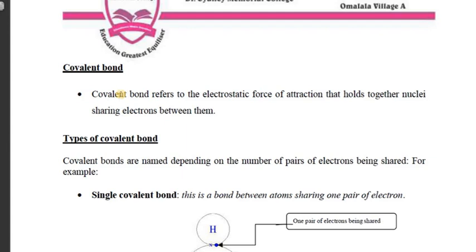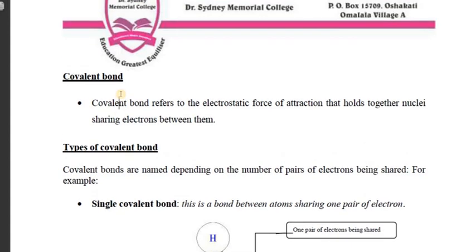This is just the slight difference between ionic bonding and covalent bonding. You can look at the definition of a covalent bond. This is what it looks like now at this level.